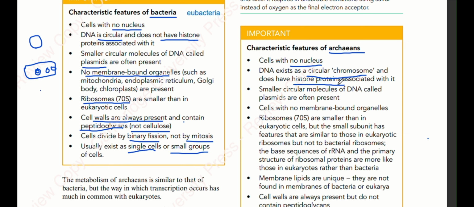Next, smaller circular molecules of DNA, plasmids, are often present. This is again matching with bacteria. As I told you, plasmids are extra DNA molecules, which most of the time are present in bacteria, and even in archaeans as well.